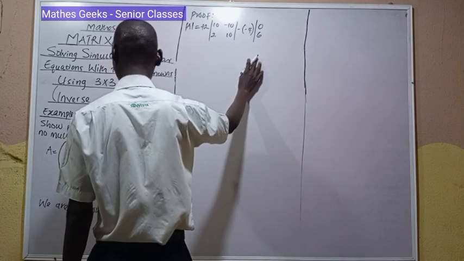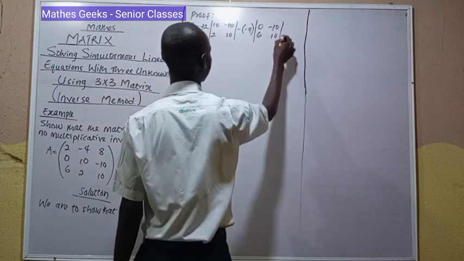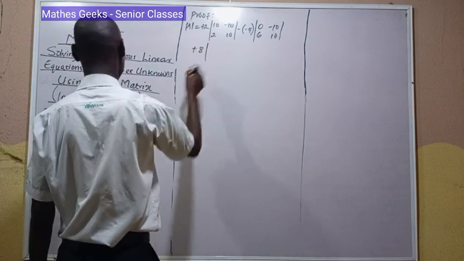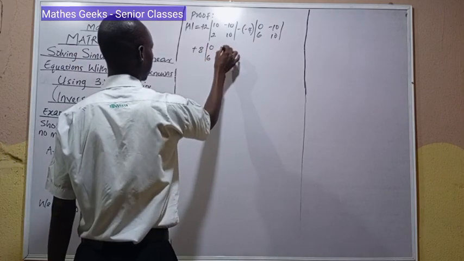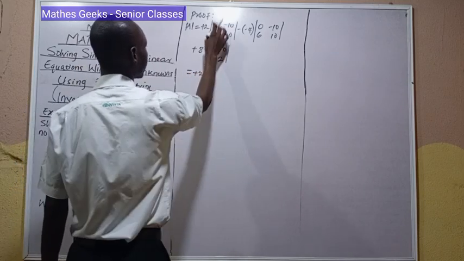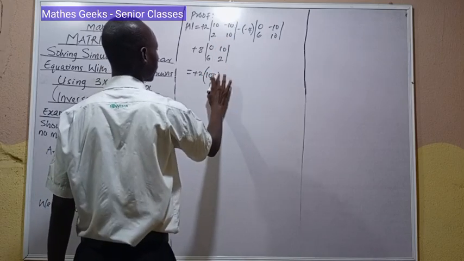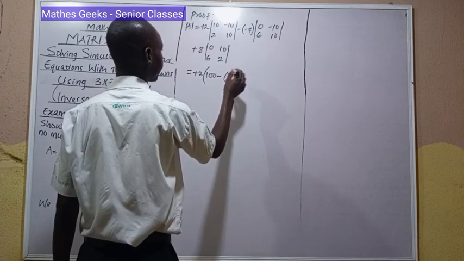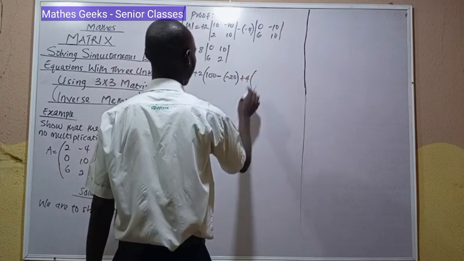First row, second column, 0 6, minus 10, 10, plus 8. First row, third column, 0 6, 10 2, plus 2. 10 times 10 is 100. Minus 10 times 2, minus 20. Minus times minus is plus, that would be just plus 4.